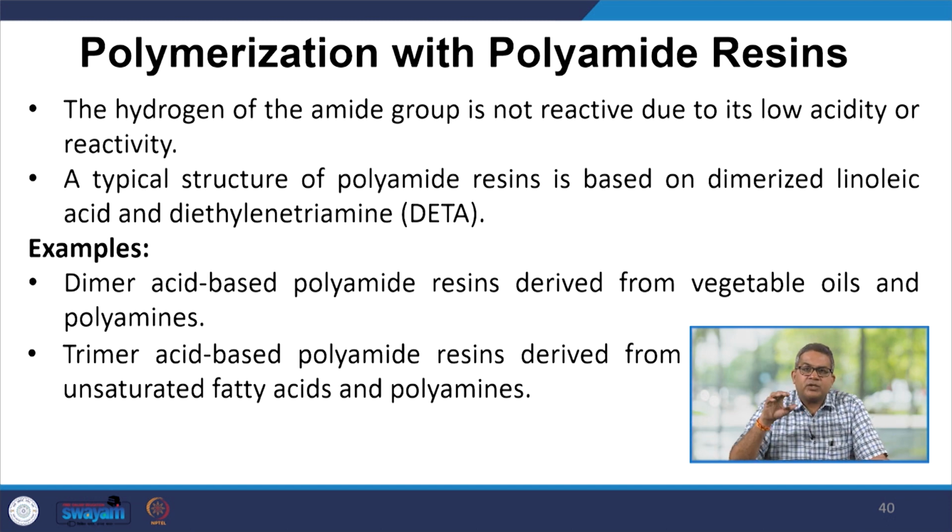The hydrogen of the amide group is non-reactive due to its low acidity or reactivity. A typical structure of polyamide resin is based on dimerized linoleic acid and diethylenetriamine. Now, an example is dimer acid based polyamide resin, derived from vegetable oil and polyamines. Trimer acid based polyamide resin is derived from unsaturated fatty acids and polyamines.